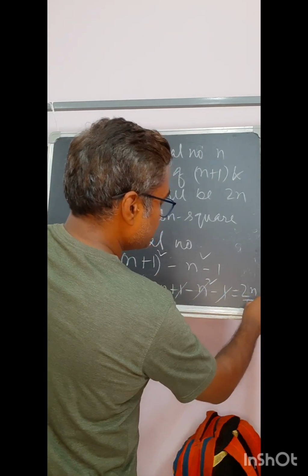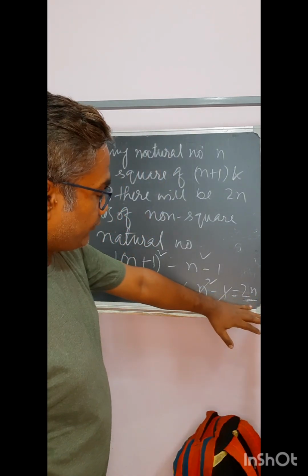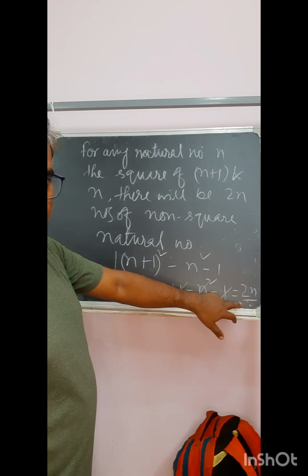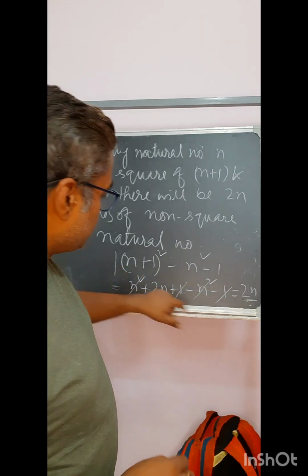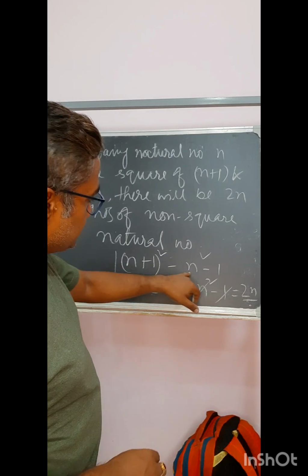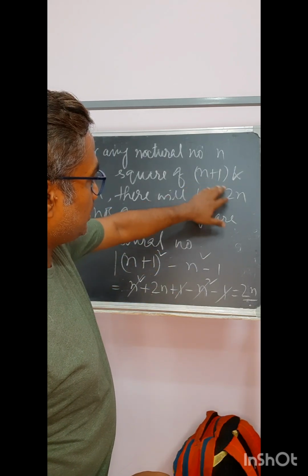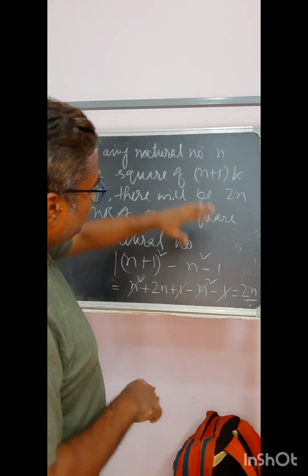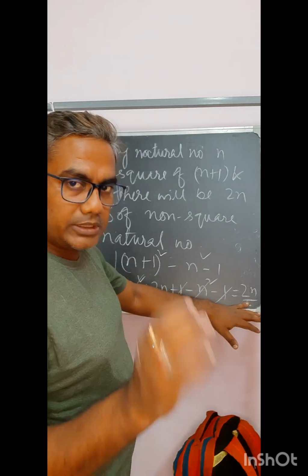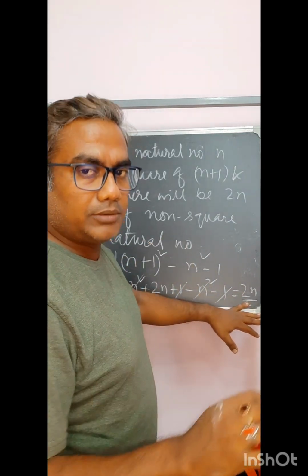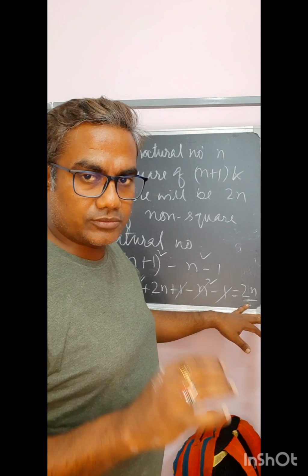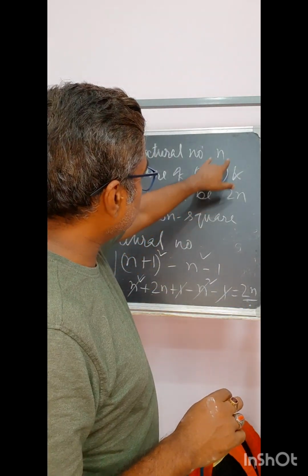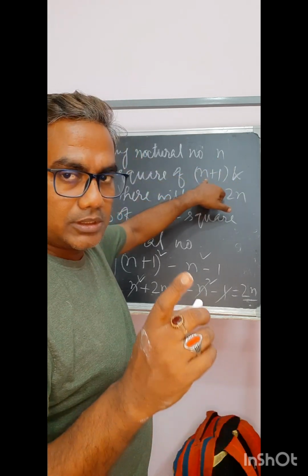So this 2n is the count of the numbers in between these two, which will be non-perfect, non-square, because you can see n plus 1 square and n square are consecutive squares. In between there should not be any square. So if I deduct, the count I get will definitely be non-square, non-perfect square. Okay, understood? Because these are consecutive terms.